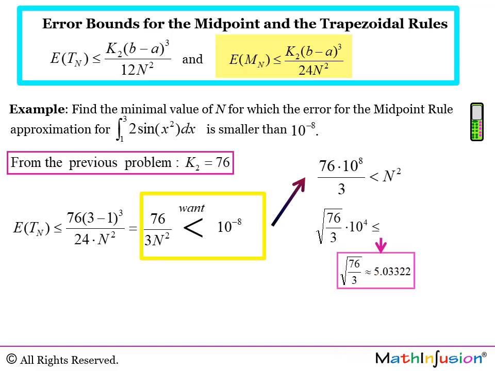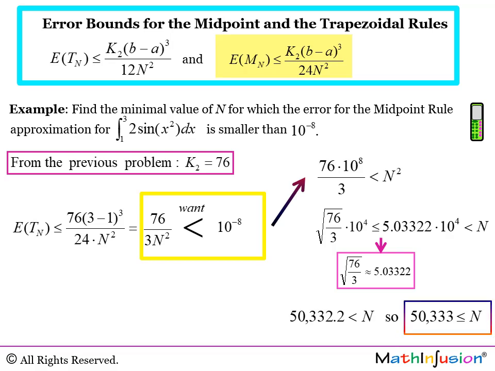Using a calculator, I'm getting an approximation of this square root of 76 over 3 to be almost 5.03322. We get then n has to be larger than 50,332.2, which means that the minimal value of n should be 50,333.